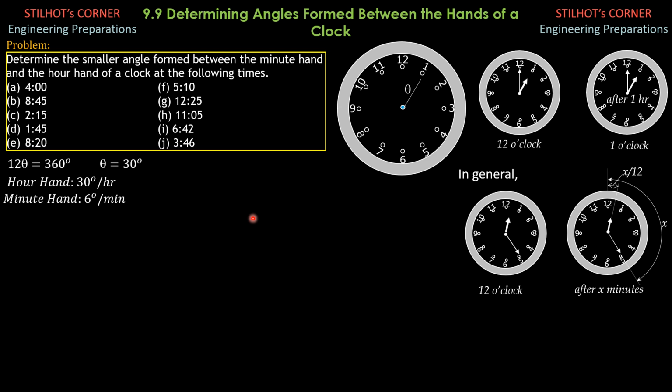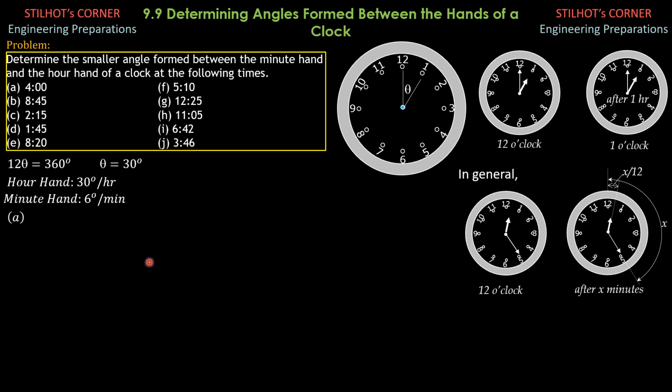Or 360 degrees divided by 60, because 5 minutes times 12 is 60 minutes. 360 degrees divided by 60 minutes is 6 degrees per minute also.